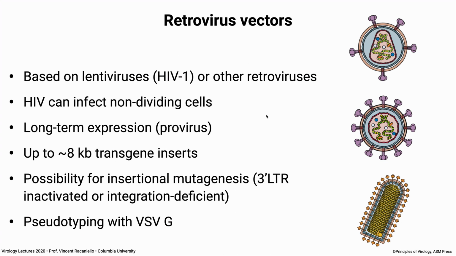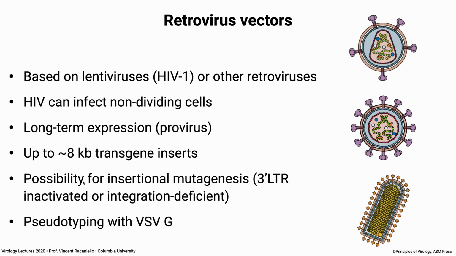These retrovirus vectors have lots of advantages. And again, they're based on lentiviruses or other retroviruses. HIV is unusual because it can infect non-dividing cells, whereas the other retroviruses typically cannot. You get long-term expression, of course, because the provirus is integrated, with up to 8 kb inserts.